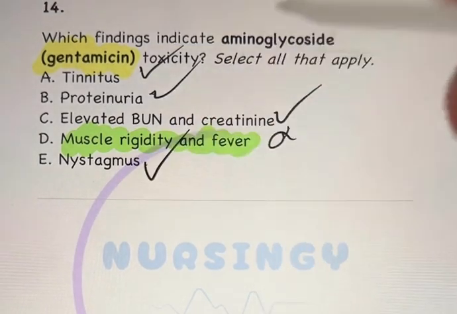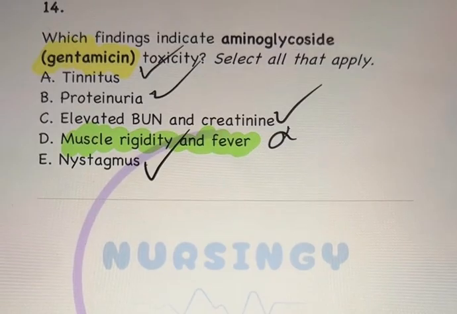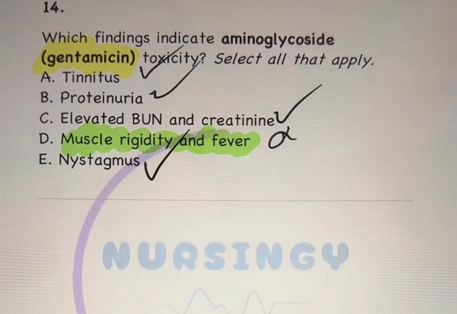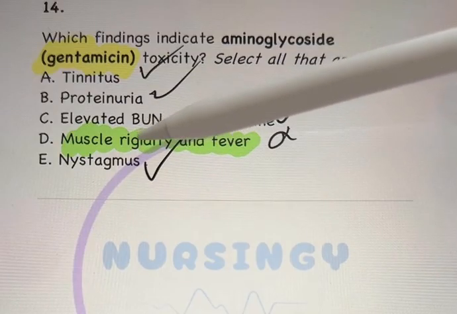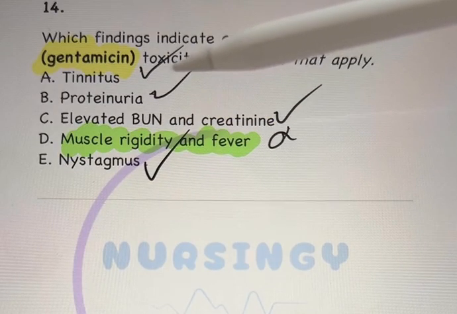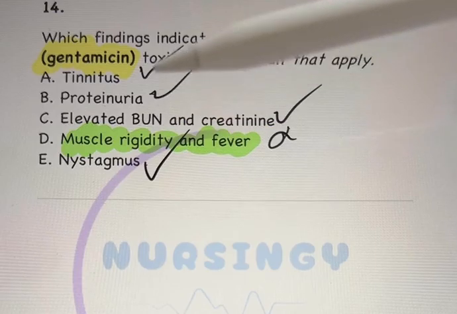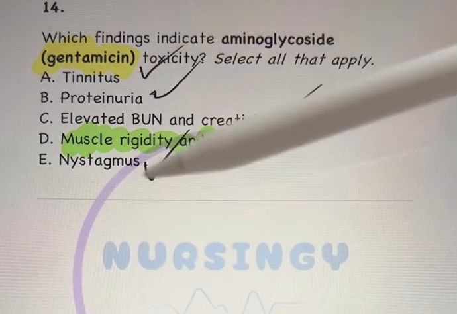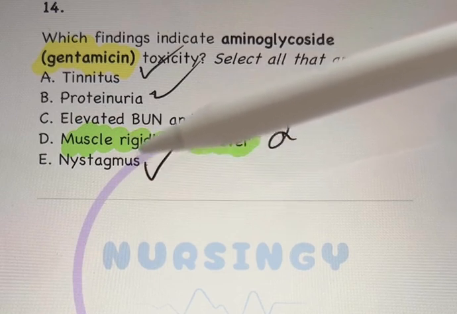We're going to see nystagmus because we have ototoxicity. Involuntary eye movement is a sign of vestibular ototoxicity. So when you have tinnitus, you can also have nystagmus.